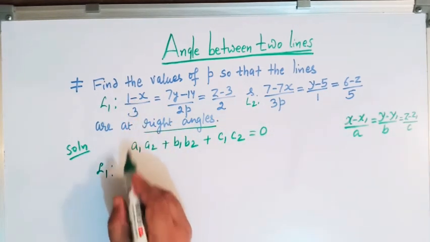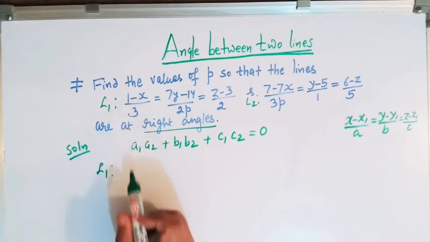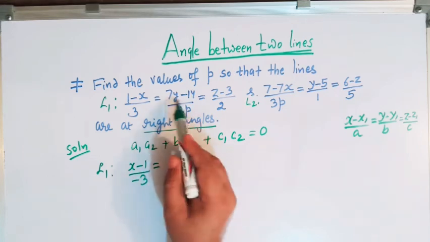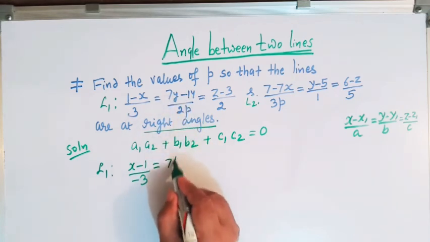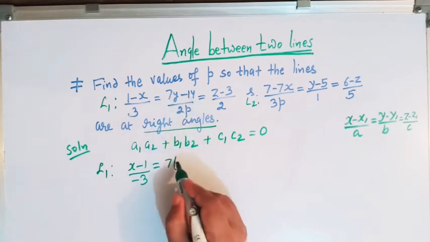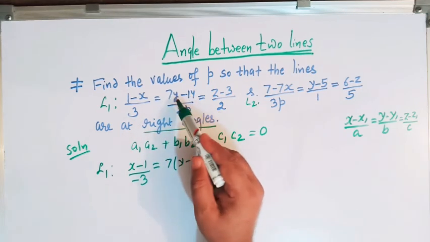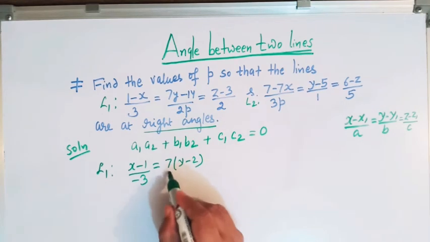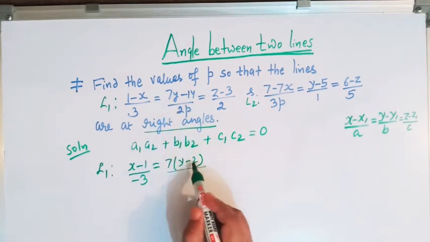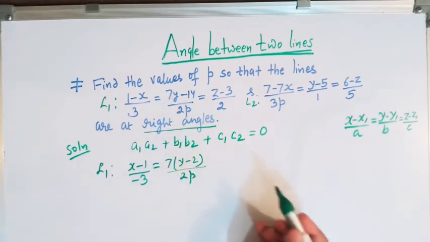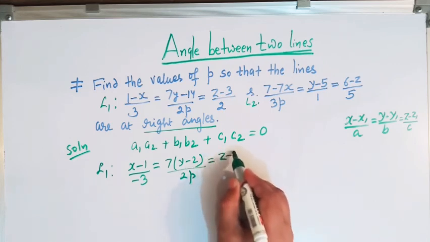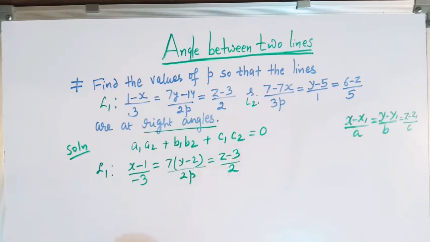Now here we can write it as x minus 1 over minus 3. Then here we can take 7 common out of these two terms. So we have 7 times y minus 2 divided by 2p is equal to z minus 3 divided by 2. Now this can be written as x minus 1 divided by minus 3.